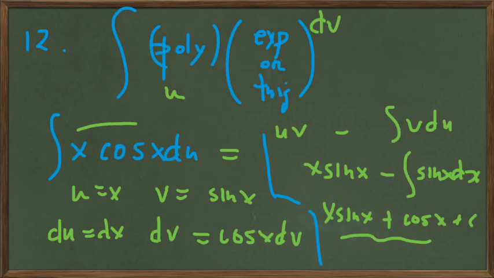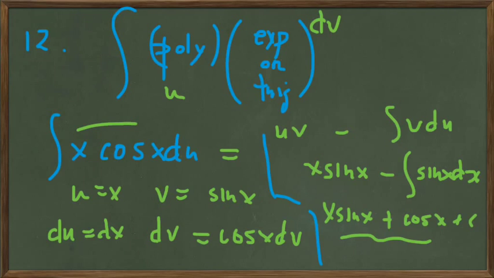And then in this last example, let's look at the partial fractions technique applied to a simple example. Let's say this is dx over 1 minus x squared.